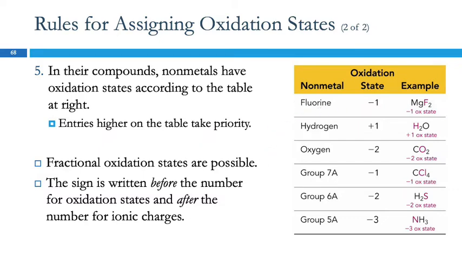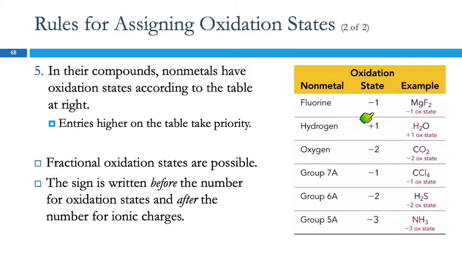And this is like a list of who gets first choice. All of the nonmetals in Mrs. K's chemistry land want to have an oxidation state that's equal to the charge they would have if they were an ion. Like, I'm not actually an ion, but if I was, this would be my charge, and so that's what I want my oxidation state to be.